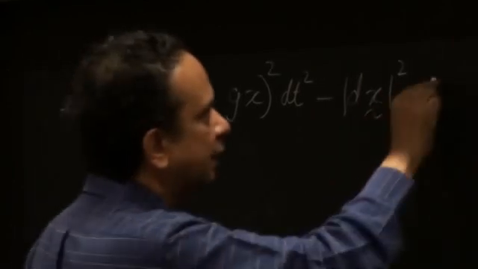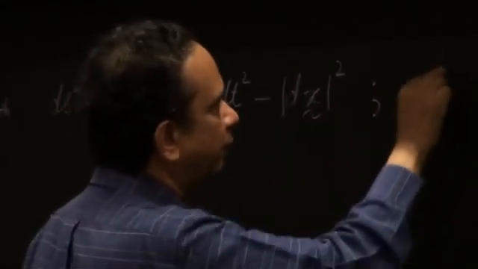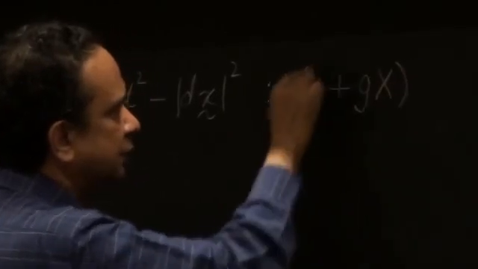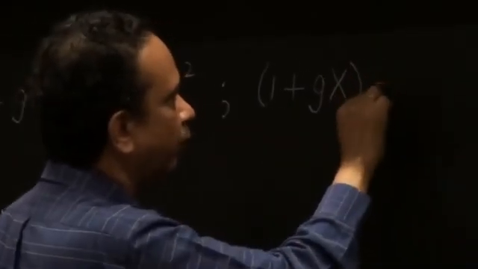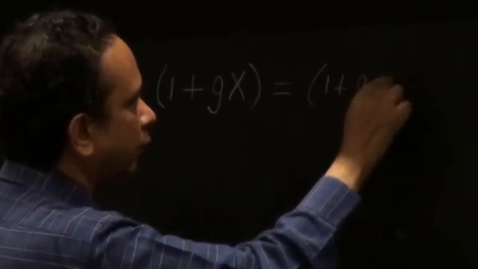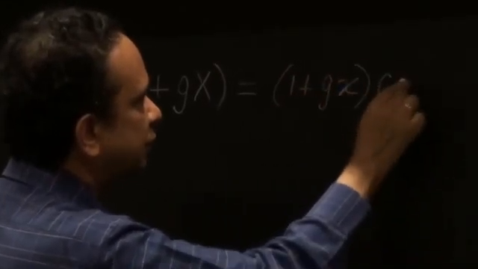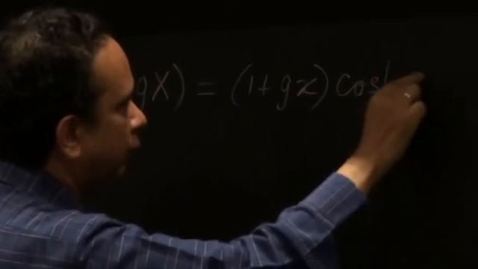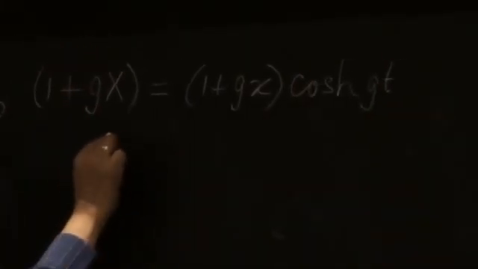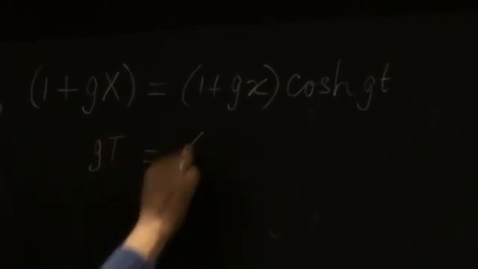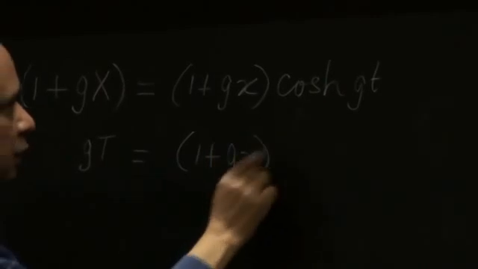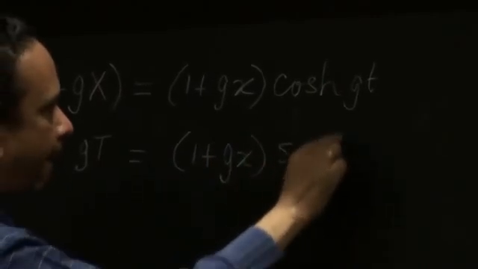This comes from the standard inertial frame by the following transformations. 1 plus g times the inertial x, capital X, is (1 plus gx) cosh of gt, and g times capital T is (1 plus gx) sinh of gt.